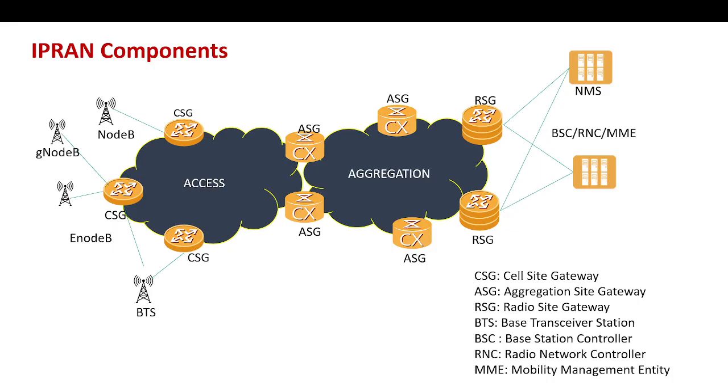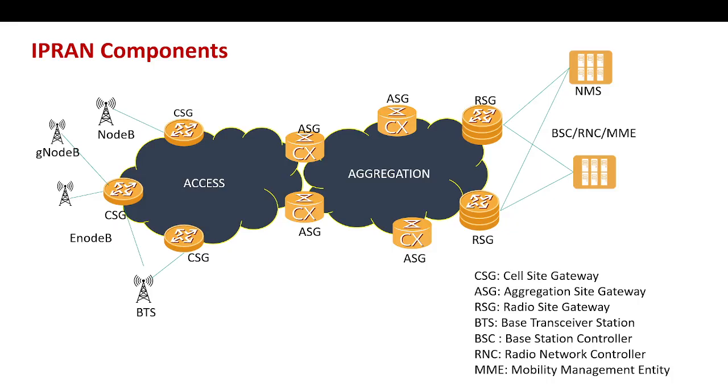So for the connection, you see that we have the radio equipment, like the BTS and the eNodeB, connecting to the CSGs. We also mentioned that nowadays we only do one connection. So we have the SRAN solution, with one connection from the radio equipment. It's just one piece of hardware managing all these different technologies, 2G, 3G, 4G, and 5G.